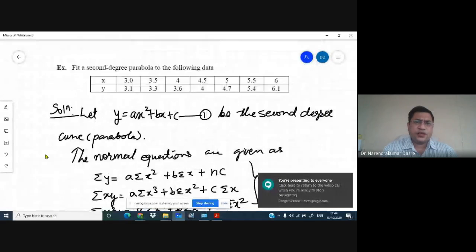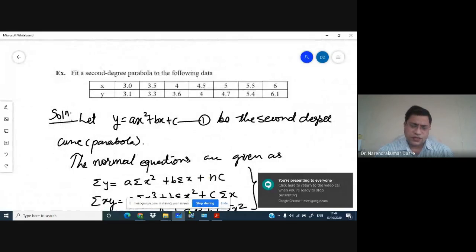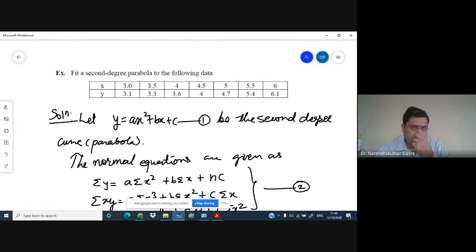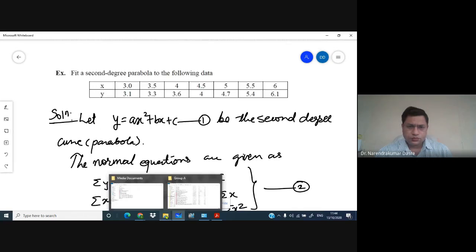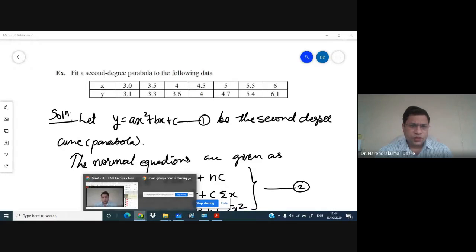You have this question. Please note these observations. Have you got the observations? Then we can start calculating. Now calculate the table.